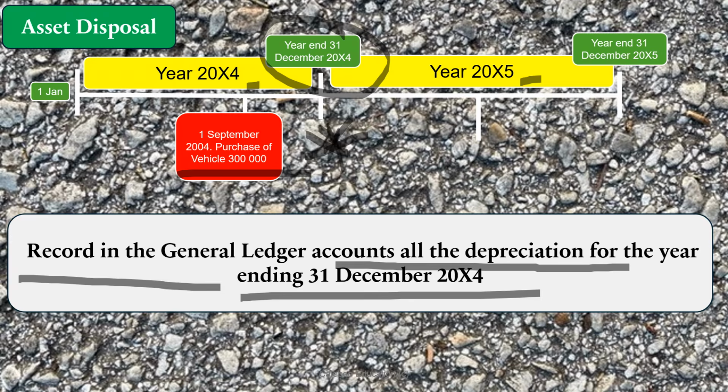But we're at year end 2004 and now we need to record the depreciation. It says they depreciate at year end 2004. We recorded the purchase, now we're doing the depreciation at the end of the first year we've had this vehicle.